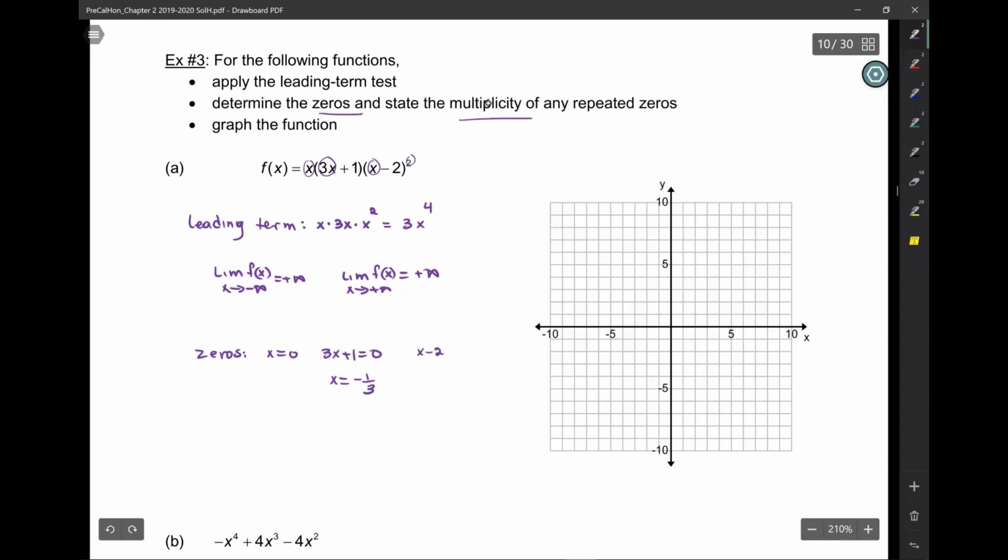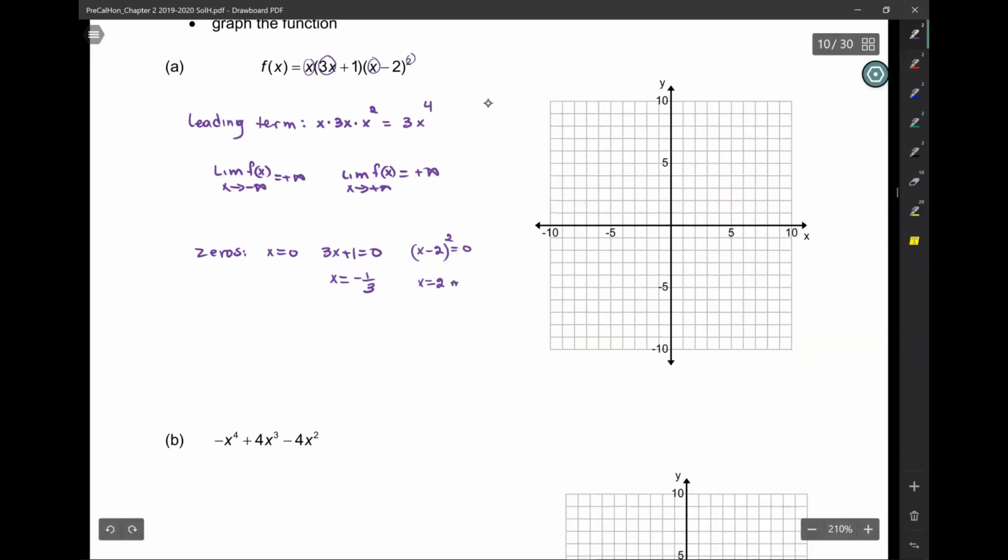And then I have x minus 2 squared equal to 0. x equals 2. But what's up with that? Multiplicity of 2. So those are my zeros. Whoa, 3 zeros. Now I'm going to attempt to sketch a possible graph of this.